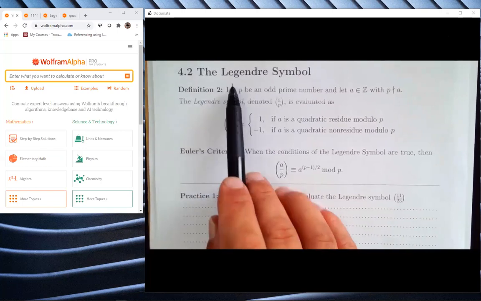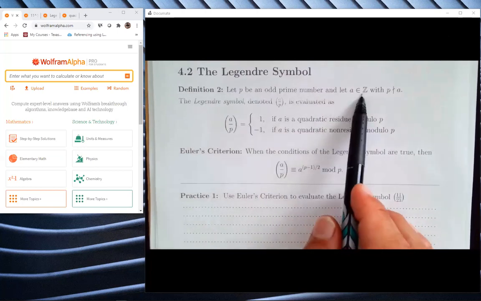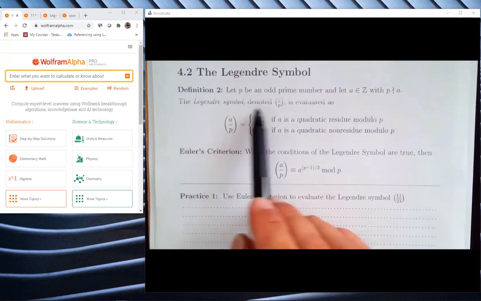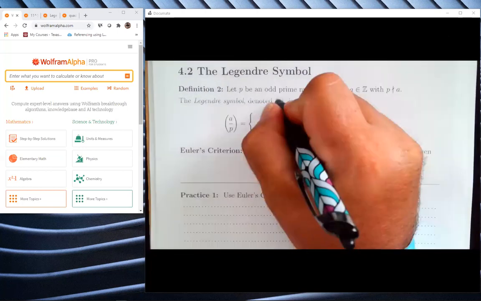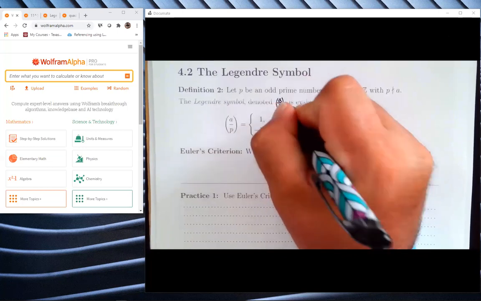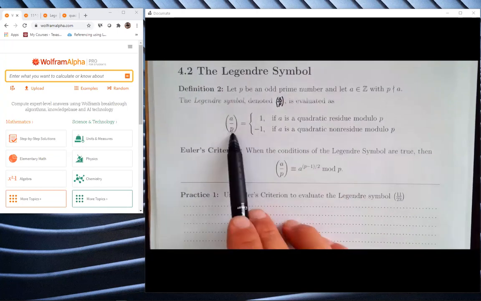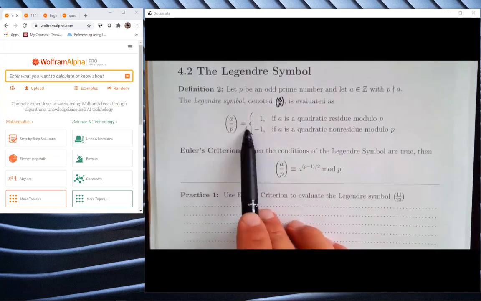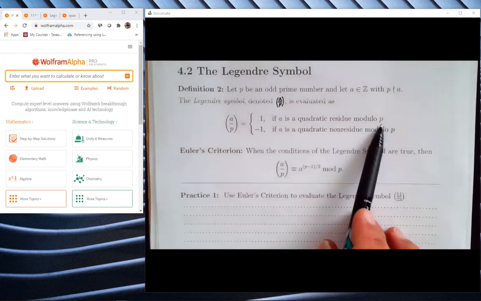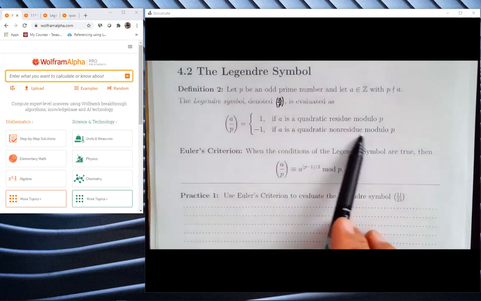We'll say that if p is an odd prime number and a is an integer, where p does not divide a, then the Legendre symbol, denoted by these parentheses with a over p, is evaluated as follows: the Legendre symbol of a modulo p will equal 1 if a is a quadratic residue modulo p, and will equal -1 if a is a quadratic non-residue modulo p.